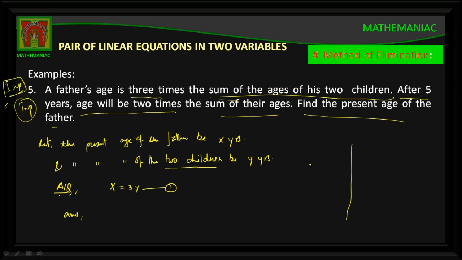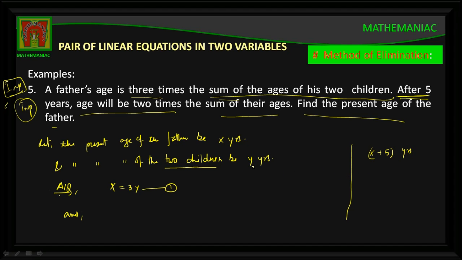Here is the only part where mistakes may be committed. Now they are talking about the ages of both father and the children after 5 years. Just imagine, if your father is x years old presently, what will be the age after 5 years? You have to simply add 5 to it, right?